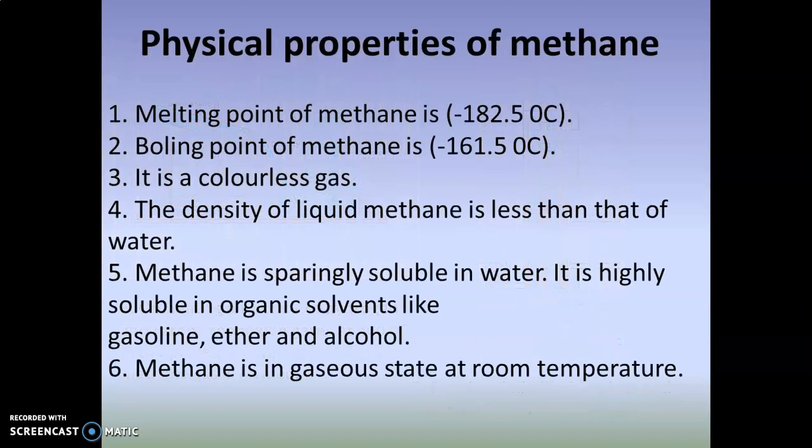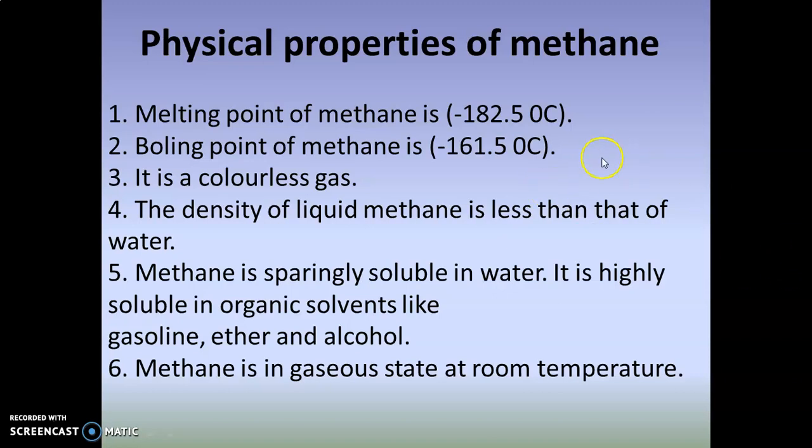Then physical properties of methane. Sorry, its melting point is minus 182.5 degrees Celsius. Its boiling point is minus 161.5 degrees Celsius. It is a colorless gas. The density of liquid methane is less than that of water. Density means weight.